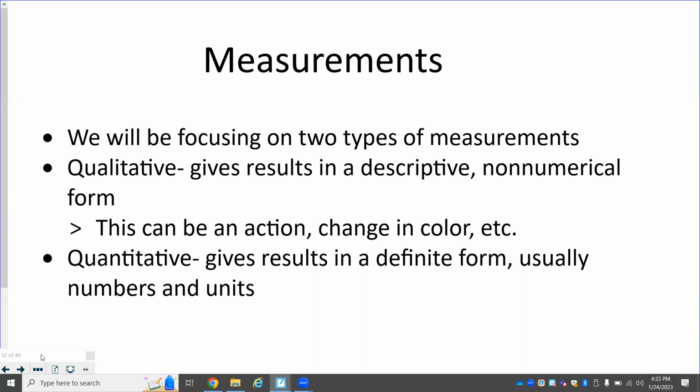We would have an actual number and an associated unit that goes along with it. In chemistry, we are going to be doing both types of measurements. So you may be asked to describe what happens in the reaction, or you may be asked to actually measure mass, how much of a substance you have at the end of a reaction.